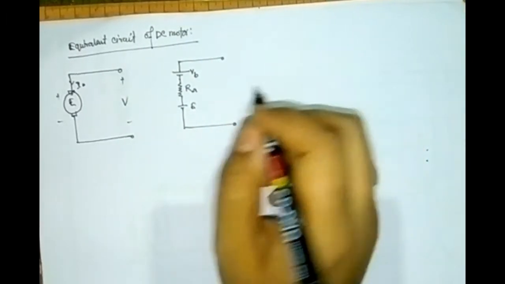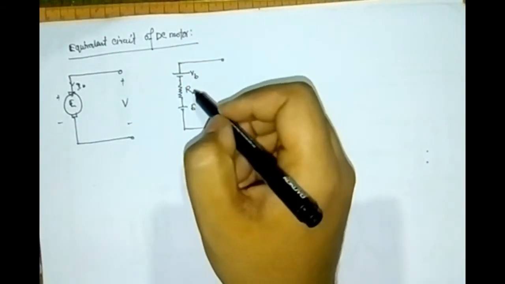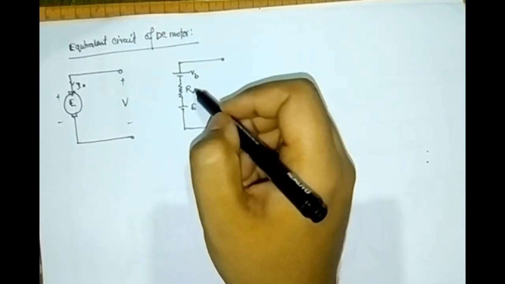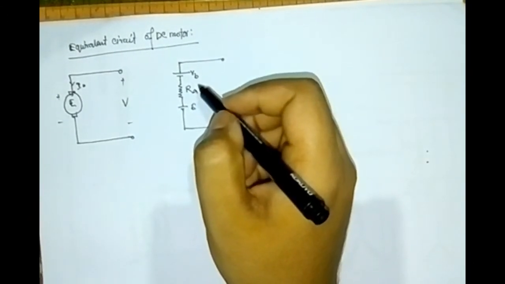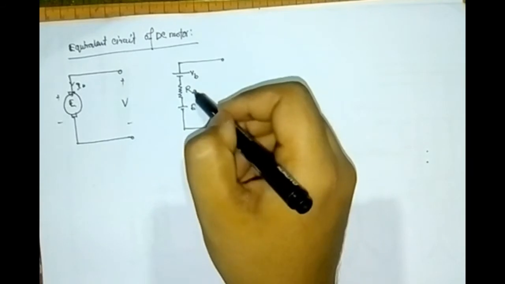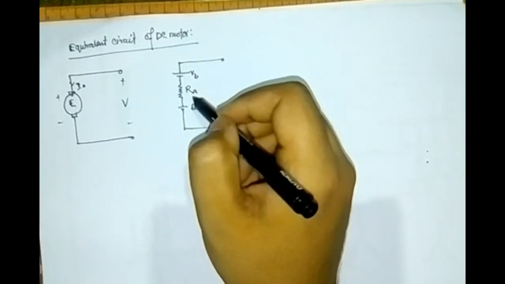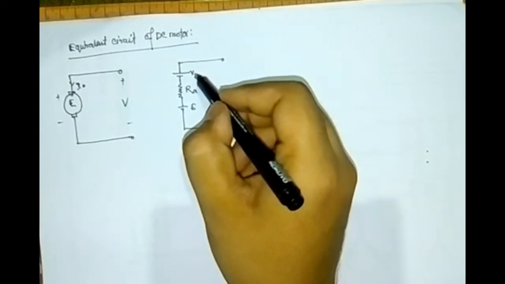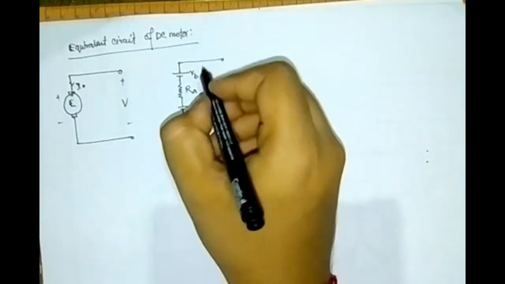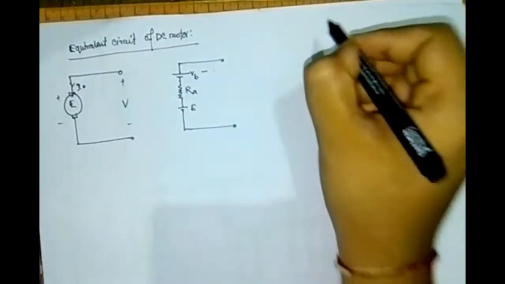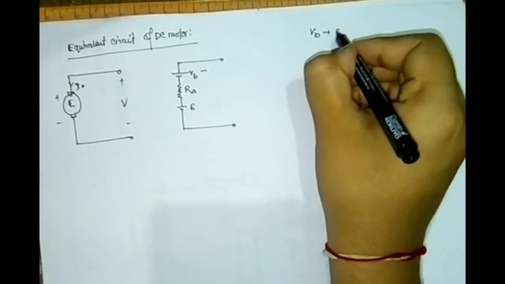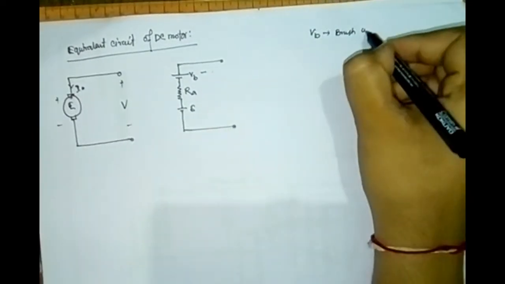What are the three terms? At first, it is a series connection of elements, such as E, RA and VB. RA is the armature resistance, VB is the brush voltage, and it is a drop voltage. So it is a brush contact voltage drop.